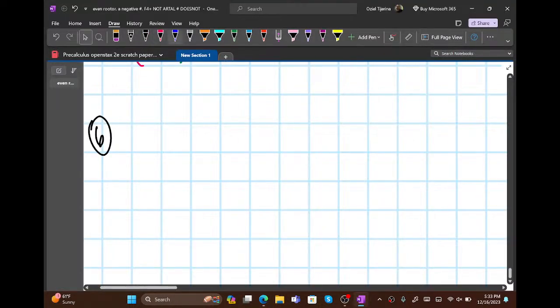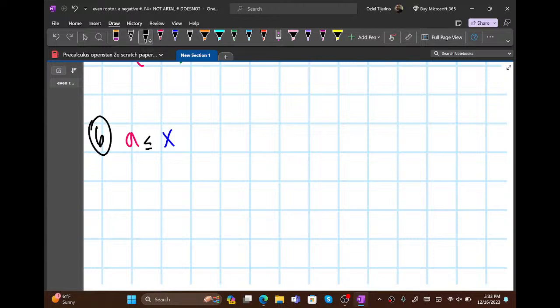So now we're going to do a less than or equal to x less than b. I'm just going to highlight this part. This represents a bracket, and this one is going to represent the open parenthesis.